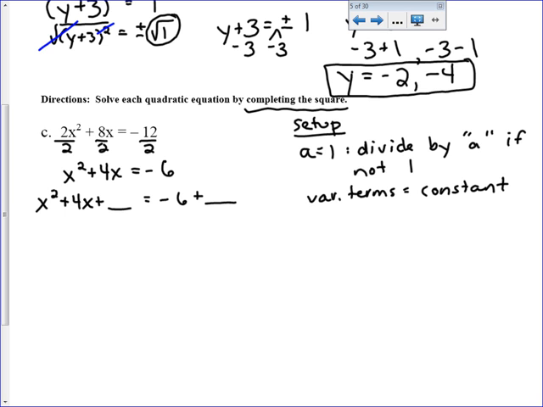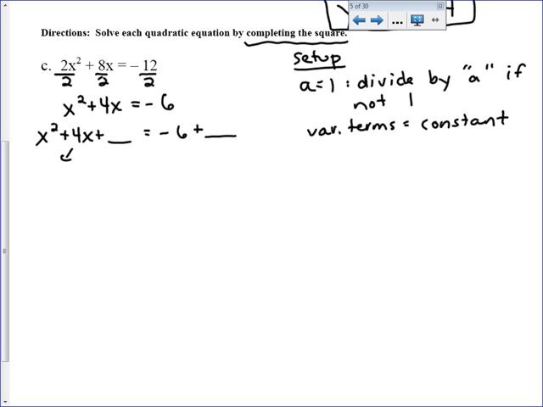All right, so there's 2 steps to finding that constant. We're going to take b and divide it by 2. And that gives me 2. Second step, square it. So the constant that completes the square is 4. All right, this is coming along.